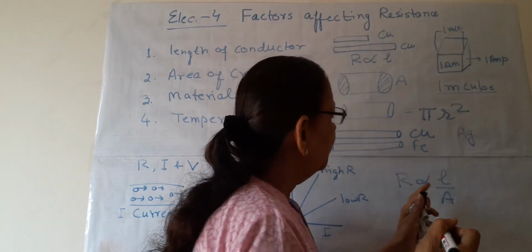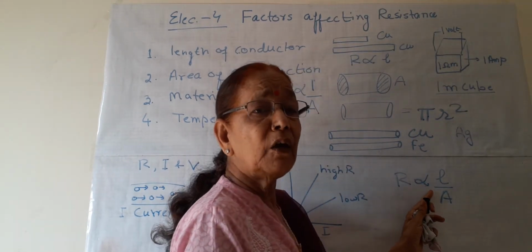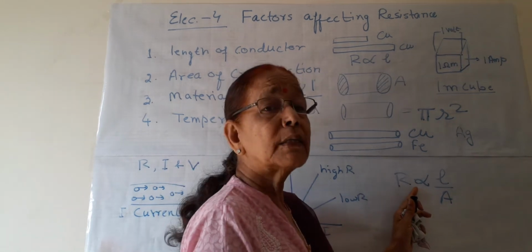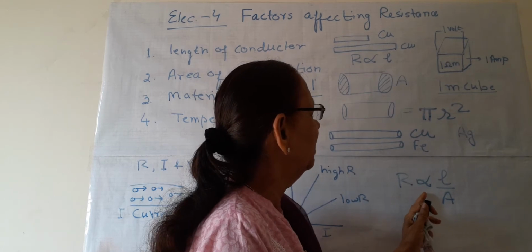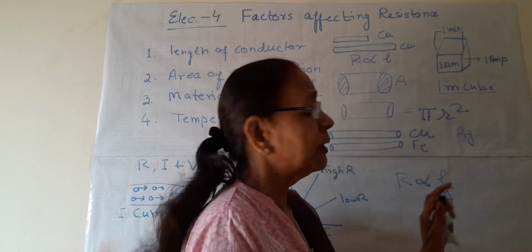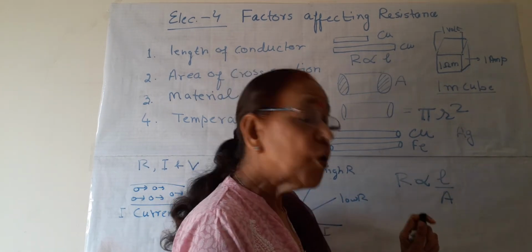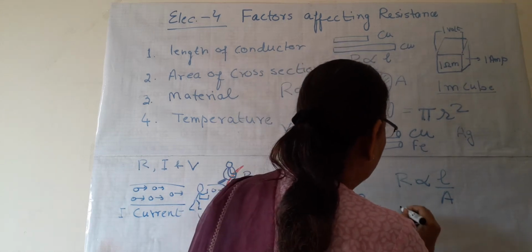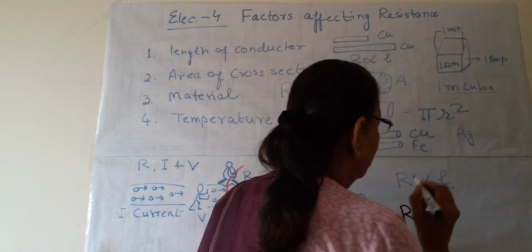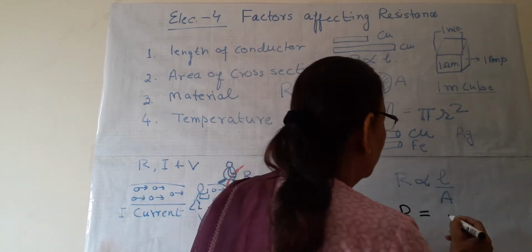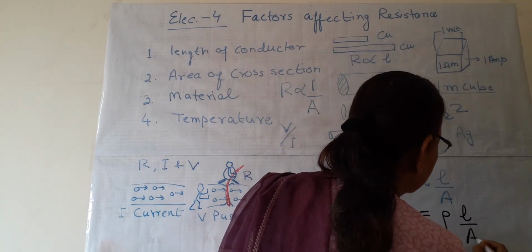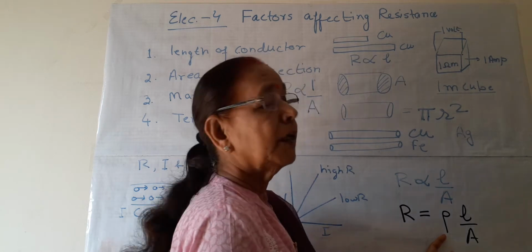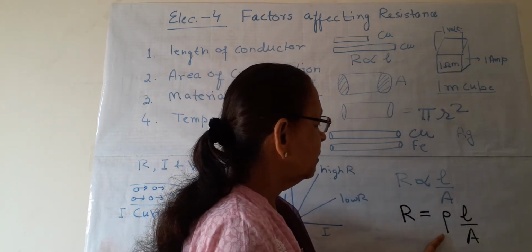Suppose we want to change this sign of proportionality to the sign of equality. So we have to put some constant. What is this constant?